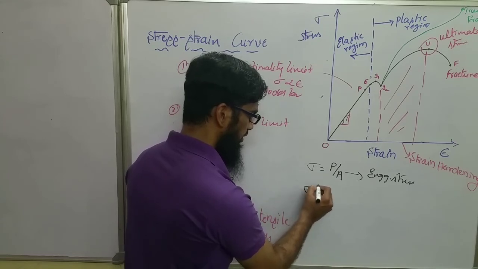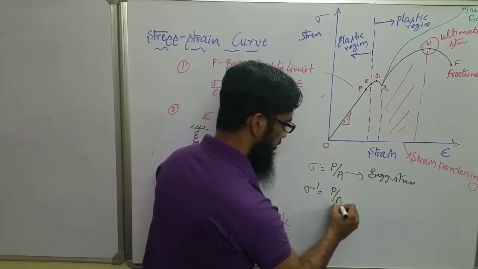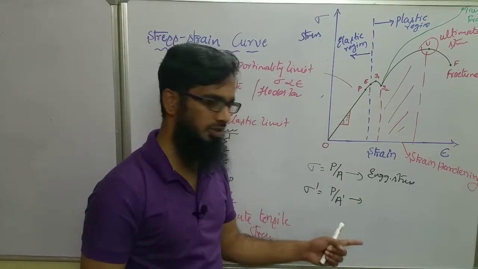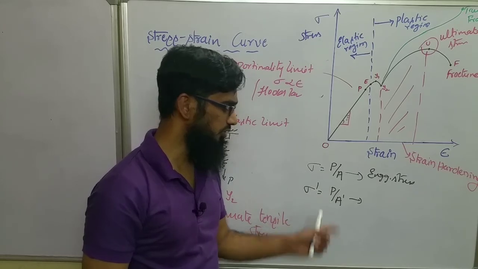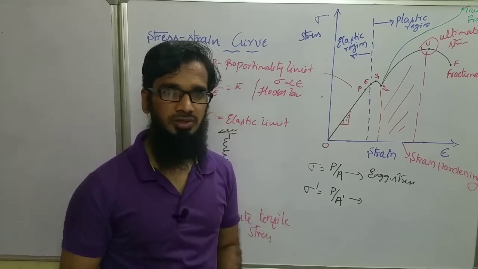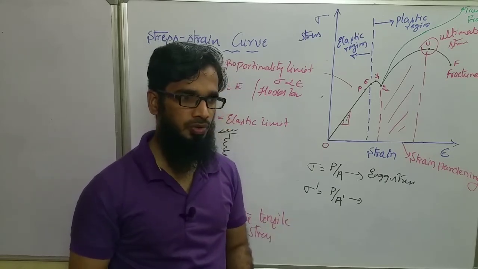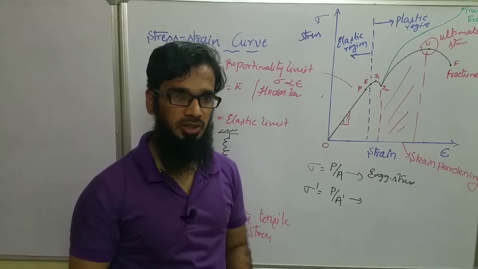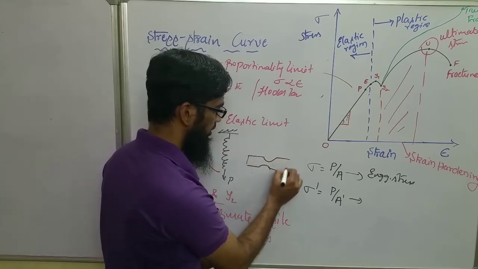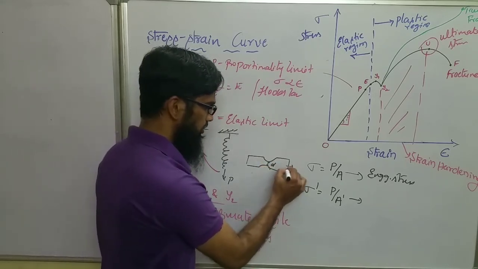There is one more stress, sigma dash equal to P by A dash, where A dash indicates the instantaneous cross-sectional area. Why do we take the instantaneous cross-sectional area? When the member is in this range, during necking, the diameter decreases.